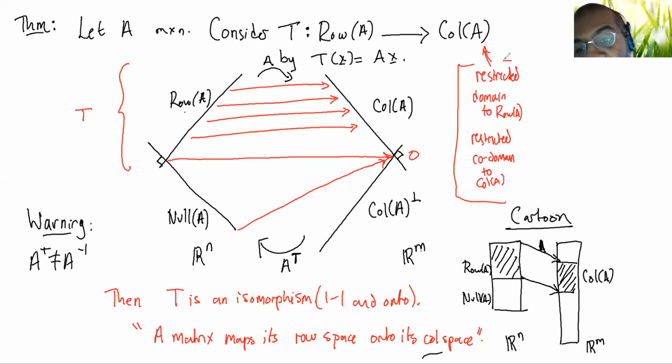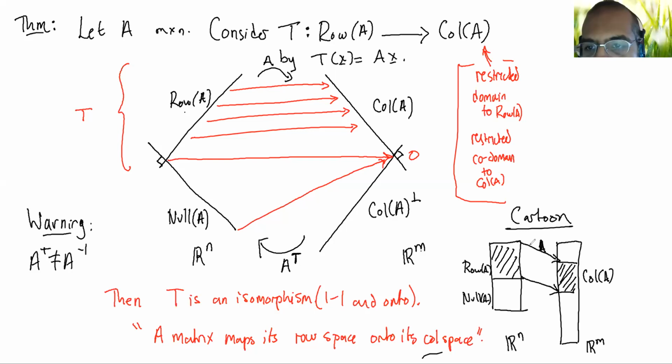That's the difference. Usually when I have an m by n matrix, I'm going from R^n to R^m, right? I'm not doing that anymore. I'm restricting both the domain and the codomain. And I'm saying that when I do this particular restriction, it becomes an isomorphism. Does that make sense? Yeah, that makes sense.